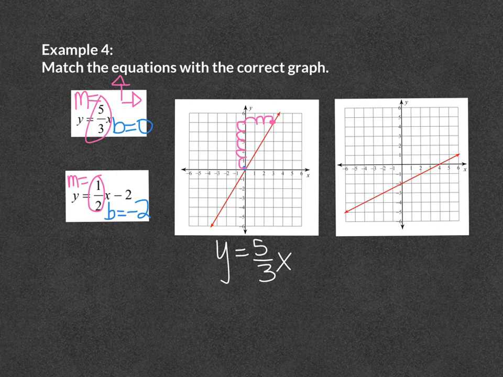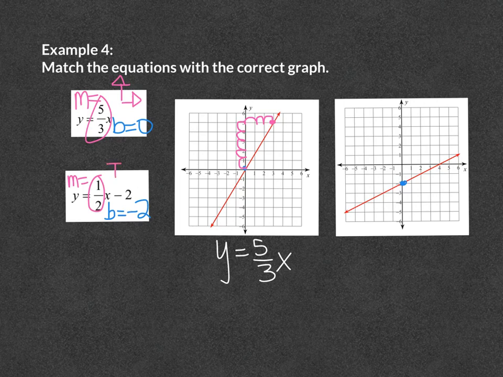Now let's look at the second graph. I know that the line is crossing at negative 2 on the y-axis. And the second equation has a y-intercept of negative 2. So let's just make sure this is correct. So I'm going to make my point at negative 2 because that's my y-intercept. And I notice that my slope is positive 1 over 2.